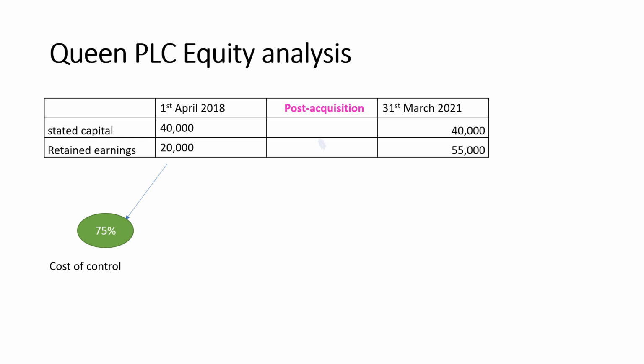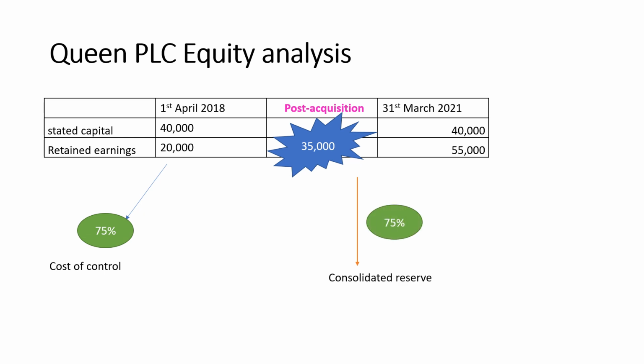Then, from the post-acquisition reserves, we can transfer King's share of 75% to the consolidated reserves, and from the ending balance of 31st March 2021, 25% we can transfer to the non-controlling interest. Then it will ease our work.